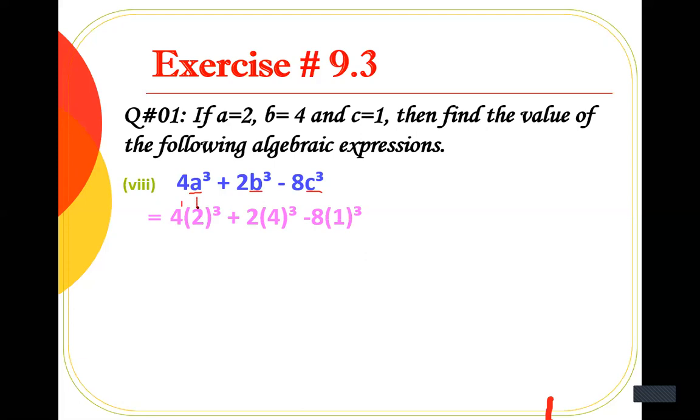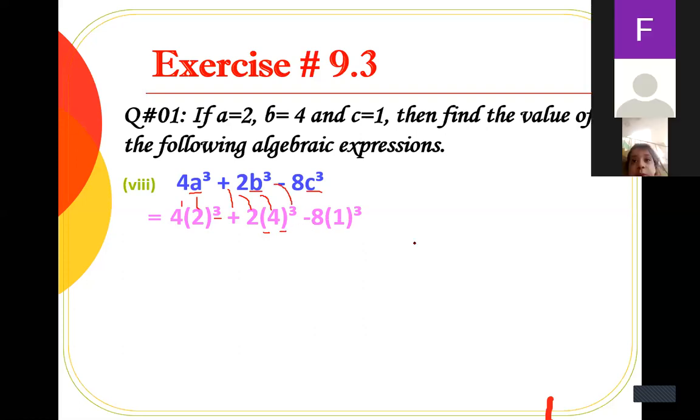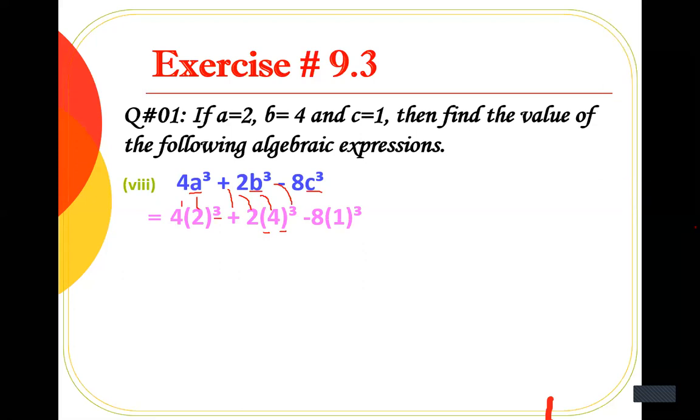Then inside the bracket you will write the value of a, that is 2, then your bracket close, and then exponent 3, then sign of addition, then your coefficient 2, then bracket, then write the value of b, that is 4, then bracket close, and then your exponent 3, then minus 8, and then inside the bracket you will write the value of c, that is 1, and then you will write here exponent 3.